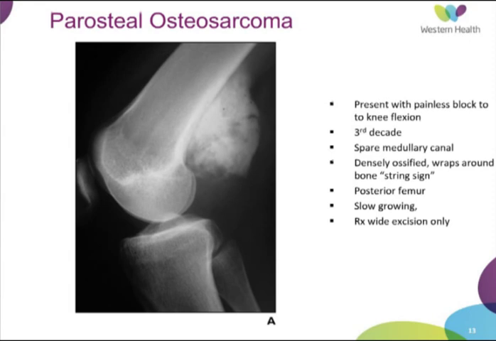Staging for bone tumours is relatively straightforward. It's the Enneking staging, and essentially it's divided into grade and then into whether there's extracortical involvement. So stage 1 is low-grade tumours and stage 2 is high-grade tumours. They get a B denomination if they extend through the cortex.